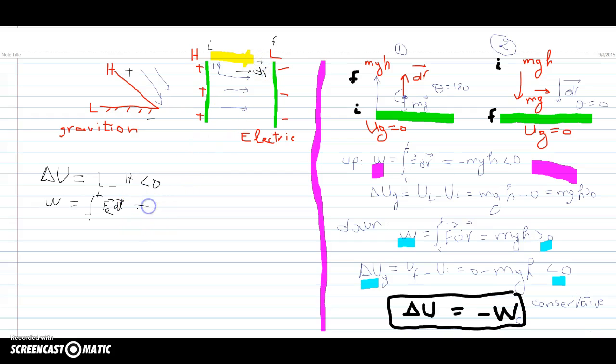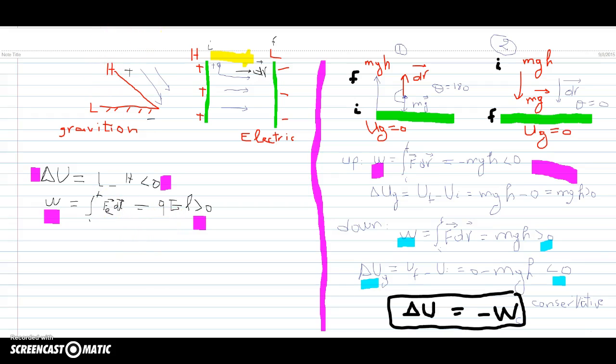So this is exactly QE, that is the force, times L, which is positive. So again, we have to highlight this: when the work of the electric force is positive, the change in electric potential energy is negative.